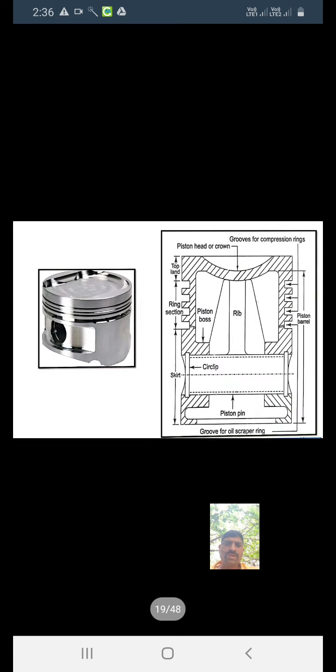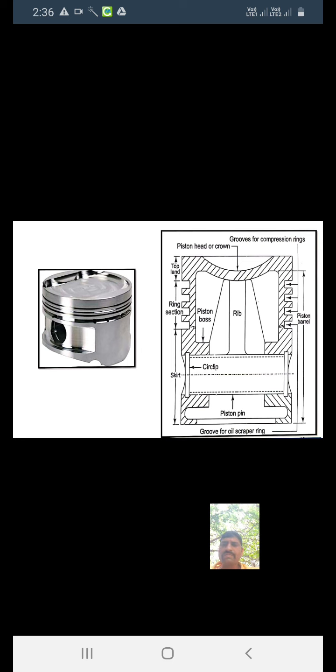See this figure of the piston: piston pin, skirt, ring section, top land, compression ring groove, and rib are shown.